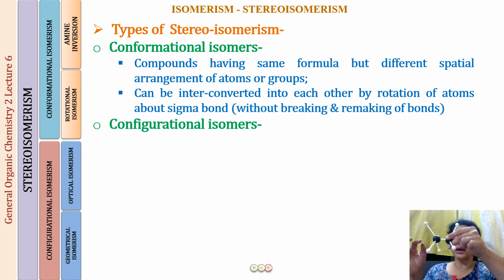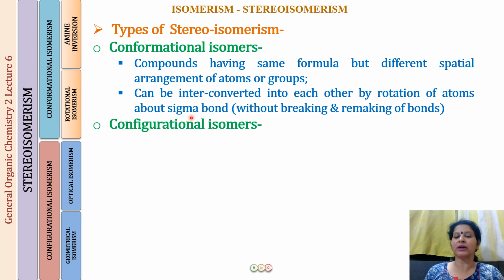I am holding one carbon and rotating them, and I am getting different forms. So these forms are interconvertible by just rotating the atoms about the sigma bond. This is what we have as conformational isomerism, and we will be discussing this a bit later on.